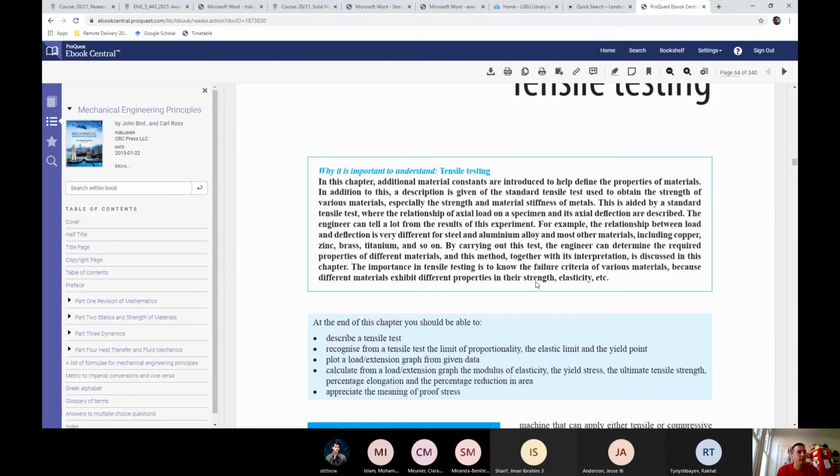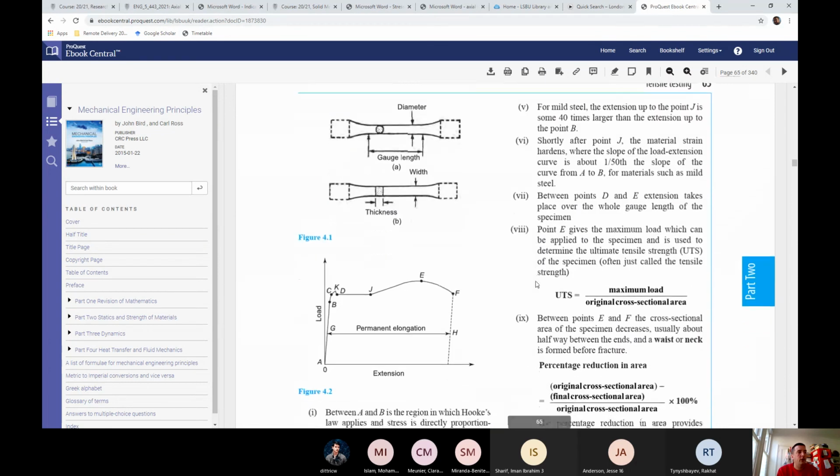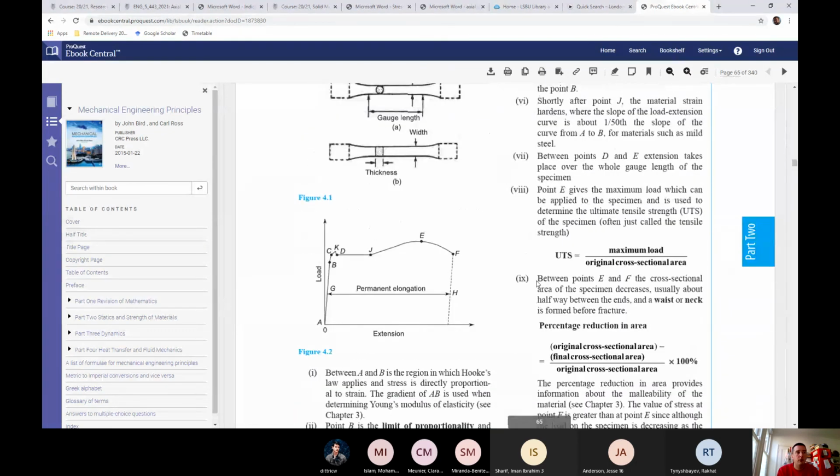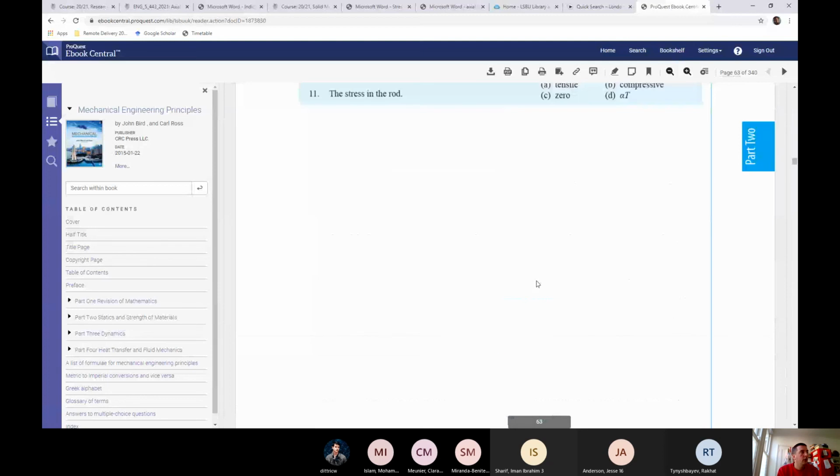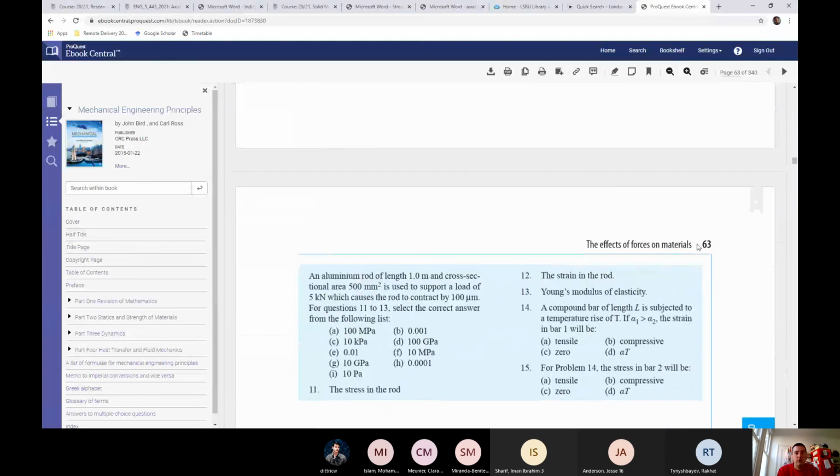You might want to read about tensile testing just for interest, but it's not quite what we're talking about in class right now. So I would say pages 48 to 63, if you can get absolutely on top of everything in there, that's a really good place to be in this class at the moment. Does that help, Rakat?